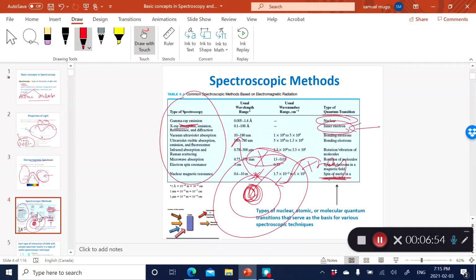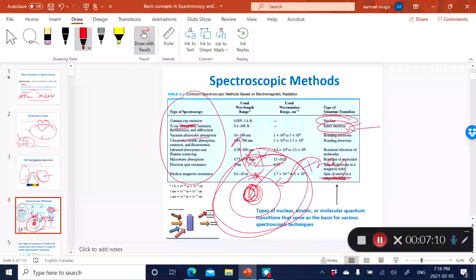And remember, the bonding electrons are the electrons that occupy the outermost shell, okay? So X-ray is only really useful as an atomic spectroscopic technique.